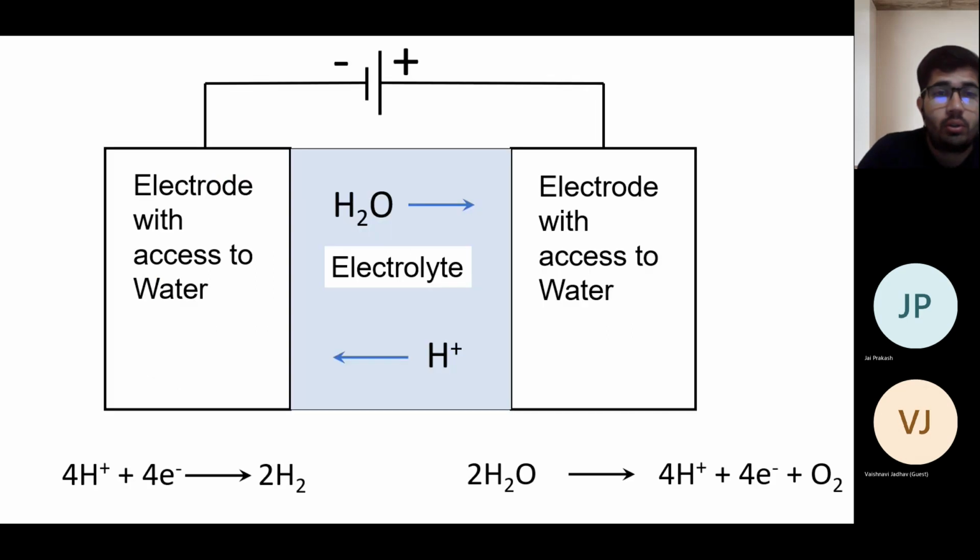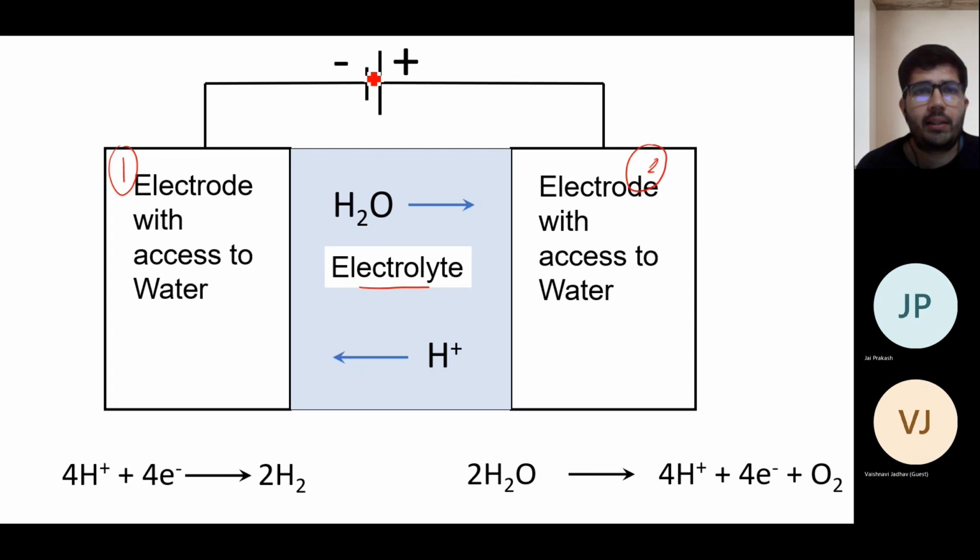In this schematic you can see a simple electrochemical cell. There are two electrodes, electrode 1 and electrode 2, and there is an electrolyte.